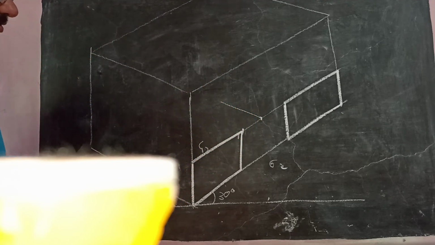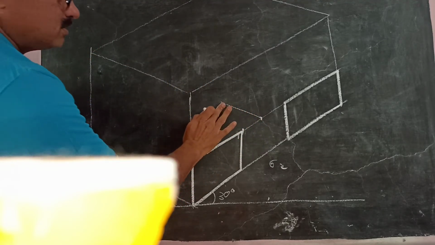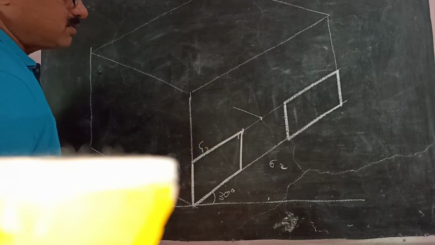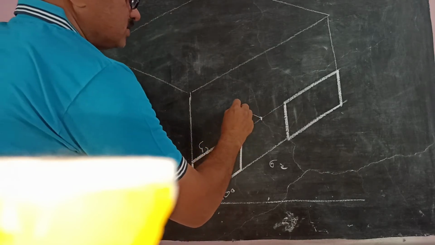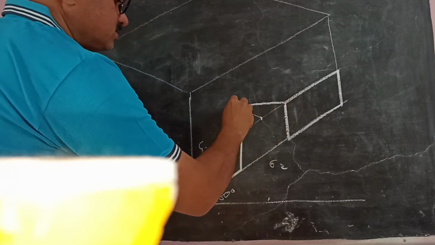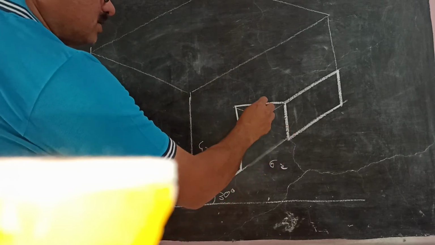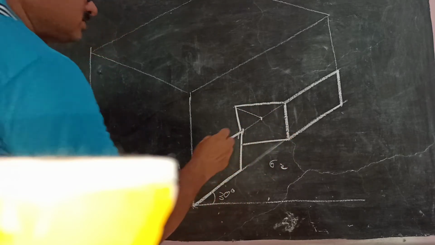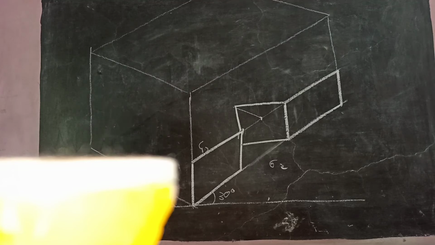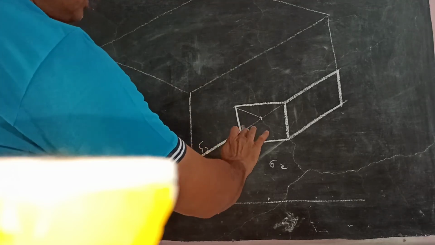Okay, so 9 mm like this, and you can join this with this, and join like this. Then from here draw a line parallel to this. So this will be the V groove.